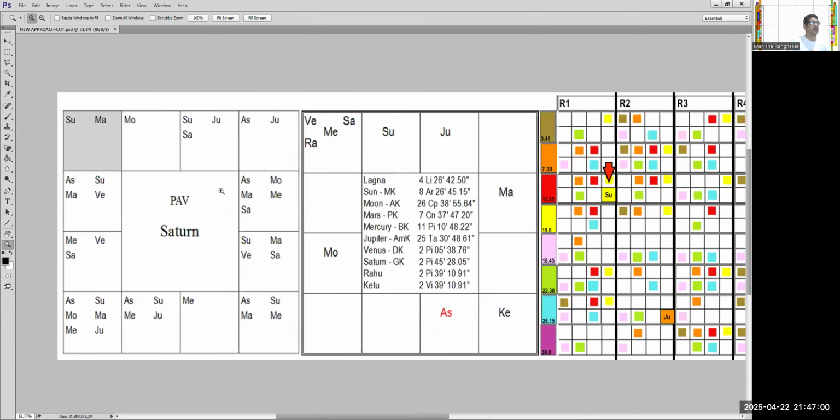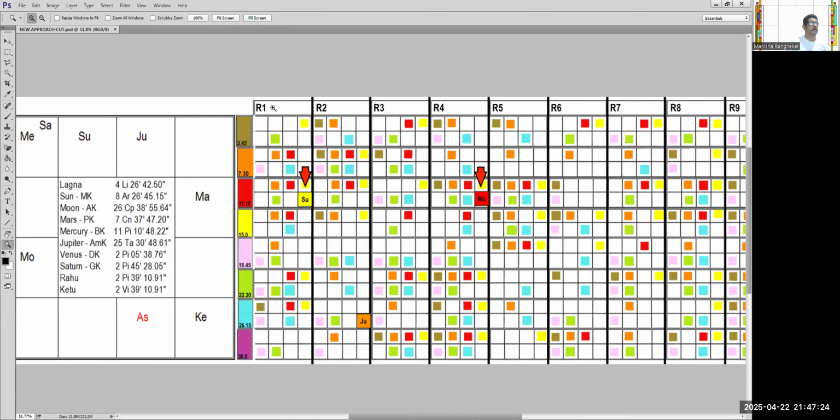If you see here, the Prastarak work of Saturn, in this case, which happens to be my chart, is giving a positive hit in the moon varga. So it will be basically 22.3 to 26.5 in the first Rashi. So if you see R1, you will not see Saturn anywhere over here, but you will see Saturn over here.